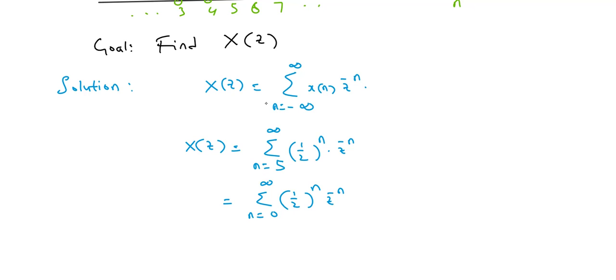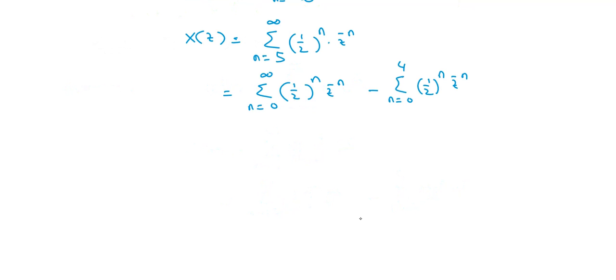So we subtract the rest of the terms, that is n is equal to 0 to 4. These are the terms that were added here, so we have to subtract them: 1 by 2 power n z power minus n. These terms originally were not included in the definition of x of n, so we have to subtract them. Now we have to evaluate these two sums, and then the difference is the required Z transform.